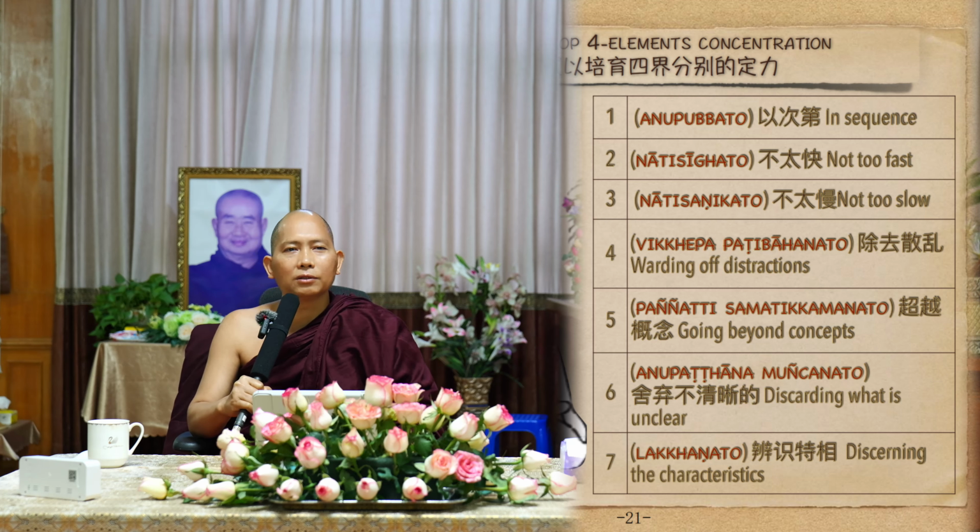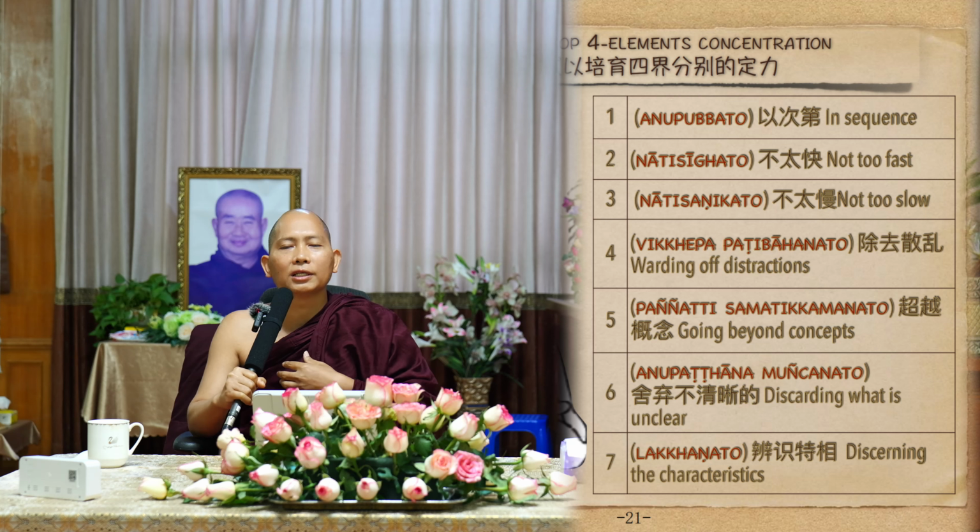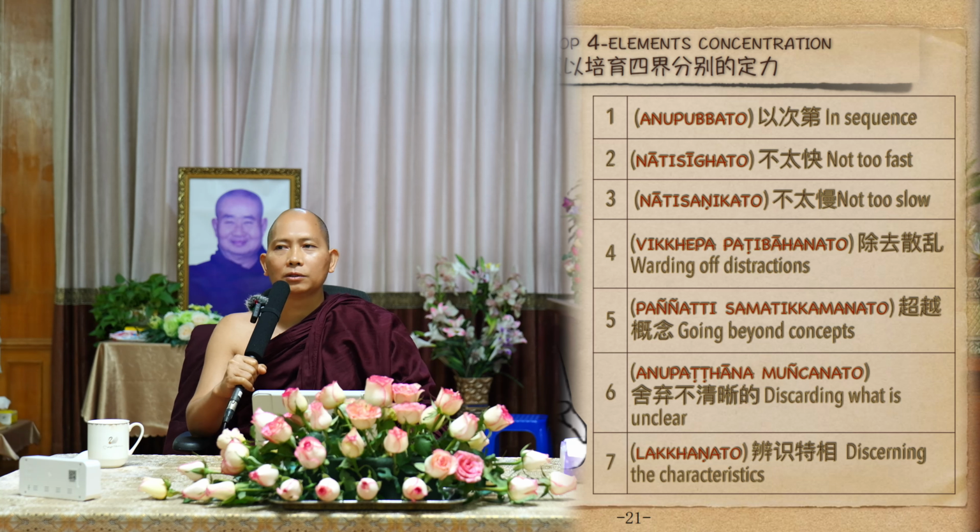But Pathavi Dhatu, Apo Dhatu, Tejo Dhatu, Vayo Dhatu, you are reciting, but your mind does not discern, does not understand, does not know the respective characteristics. Then you are not following. You cannot go beyond the concept. Is it? Okay, you should pay attention up to the natural characteristics.